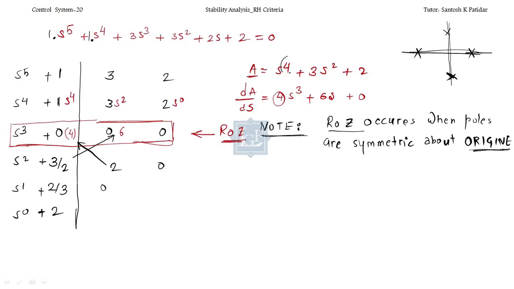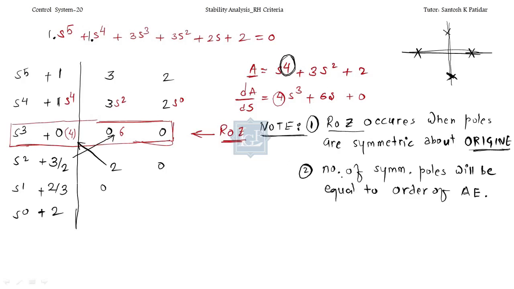The order of the auxiliary equation will decide the number of symmetric poles. So in note 2, I can write over here: the number of symmetric poles will always be equal to the order of the auxiliary equation. So over here we will get 4 symmetric poles about the origin.